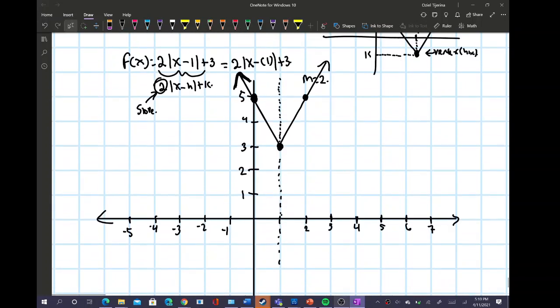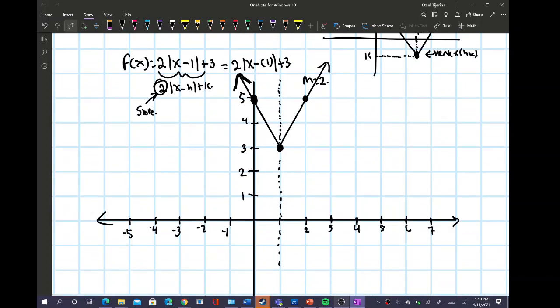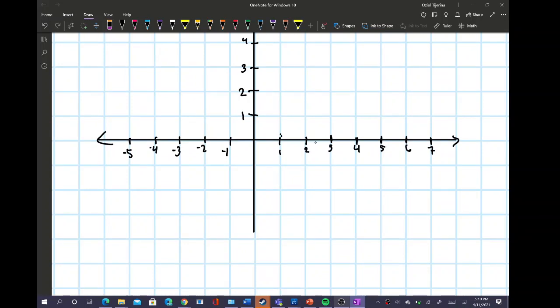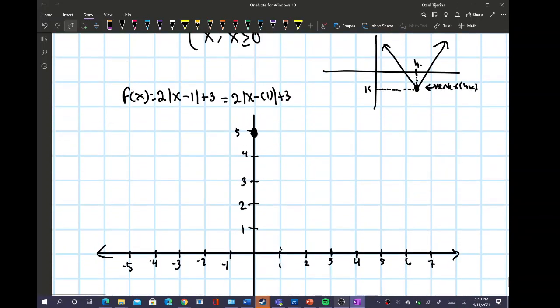Now, let's change it up, okay? Let's say we have, I don't know, something like f of x equals negative 1/2 times the absolute value of x minus 1, plus 1, okay?